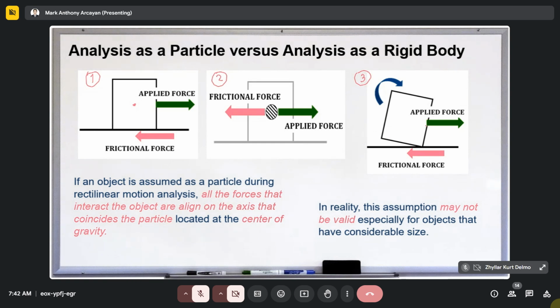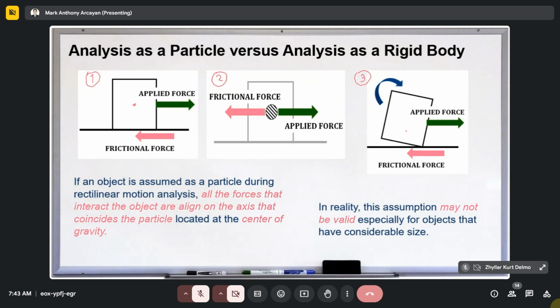It's like if the body is very large, like this block, if its height is very large enough, the applied force now has a tendency to overturn this body. Same goes with the frictional force. It can also contribute to this case, like mag-overturn siya.